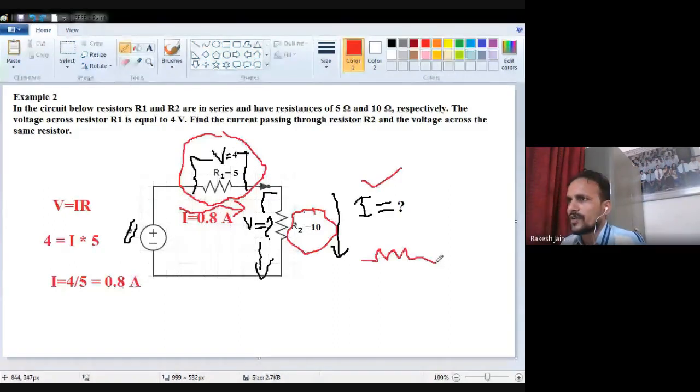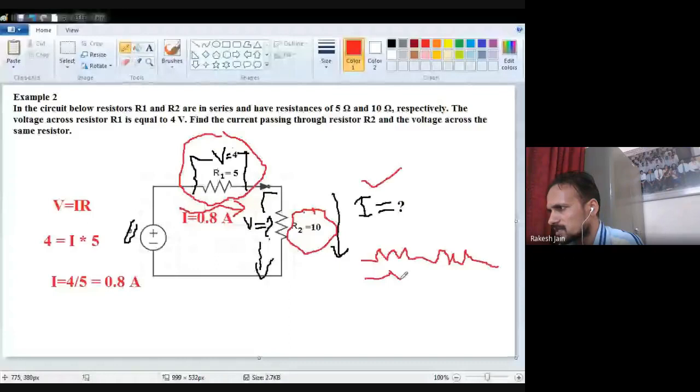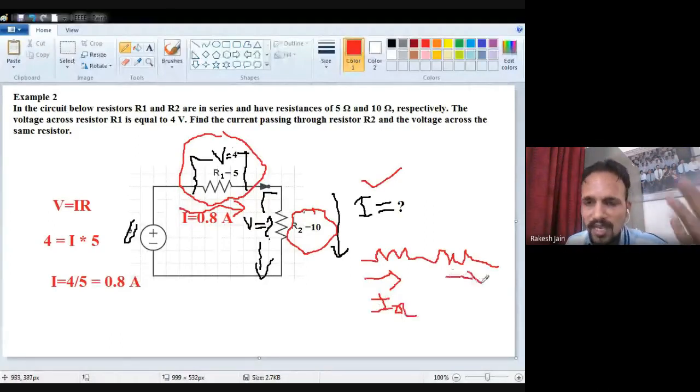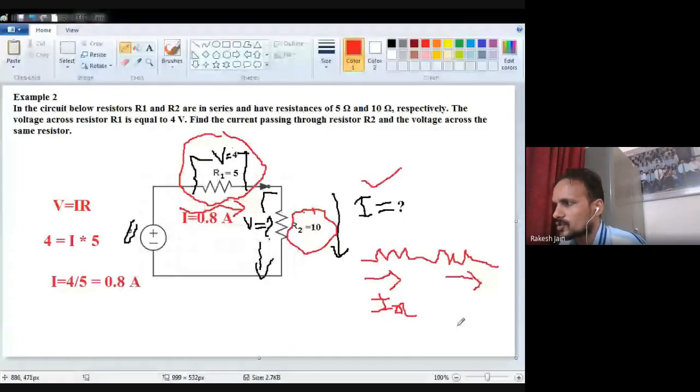If the current that passes through the first resistor is Ix, then what is the current through the second resistor? The rule is, whenever resistances are in series, equal current passes through both of them. So the current through the second resistor is also Ix.